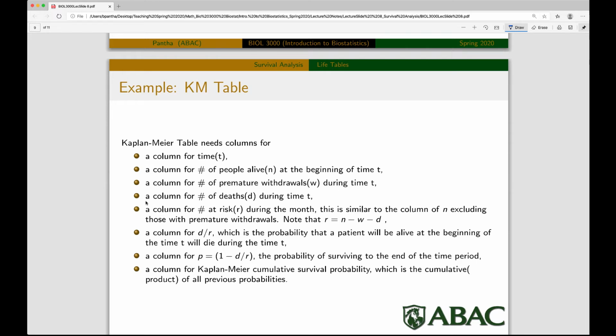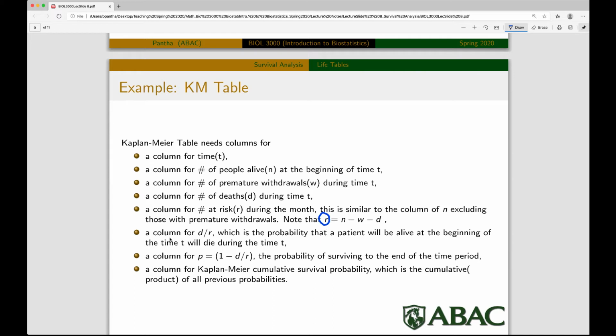Number 4, the number of deaths during time t. Number 5, the number at risk. How do we find the number at risk? We denote it by R. It is N minus W minus D. N is the number of people at the beginning of time, W is the number of withdrawals, and D is the number of deaths. So total minus withdrawals minus deaths is the number at risk.